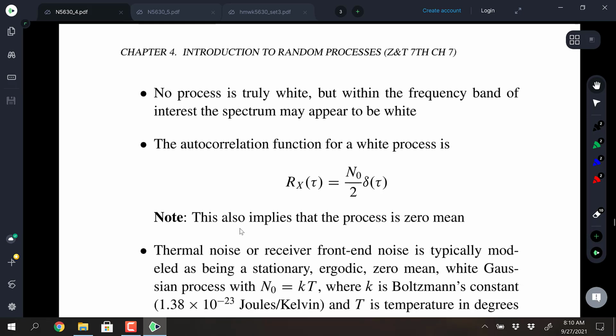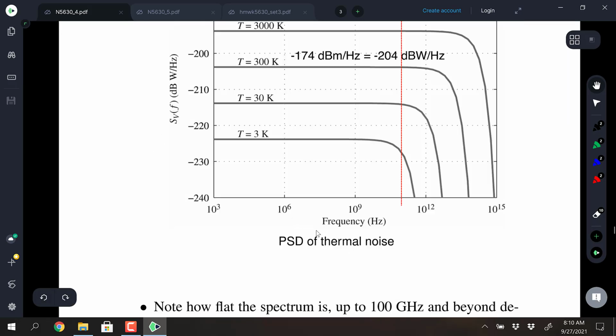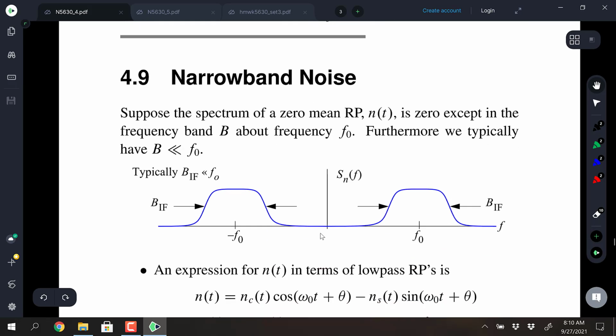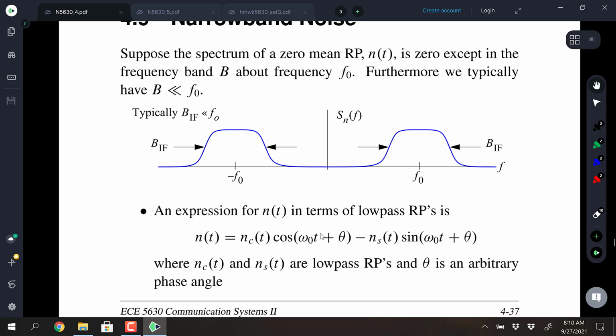We don't even come close to that in the RF communications domain, but what we do come close to is having it still look white in the neighborhood of the carrier frequency.